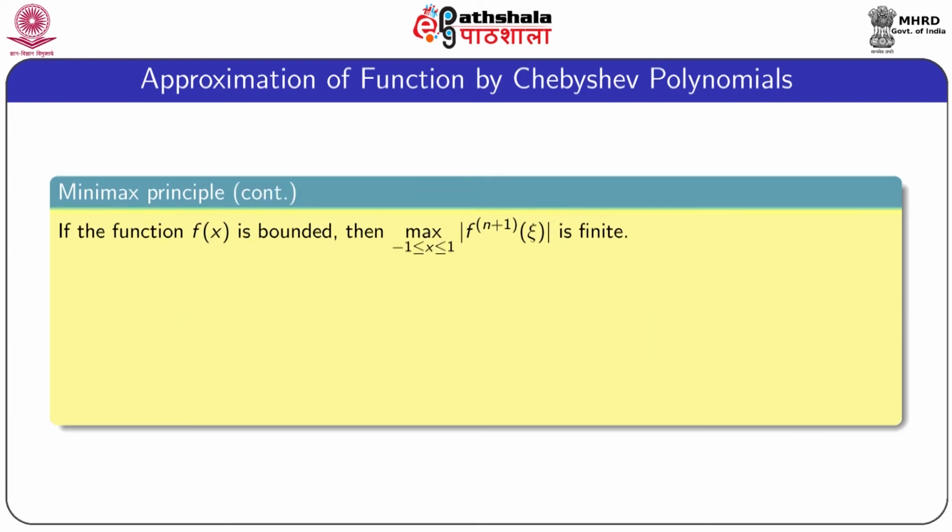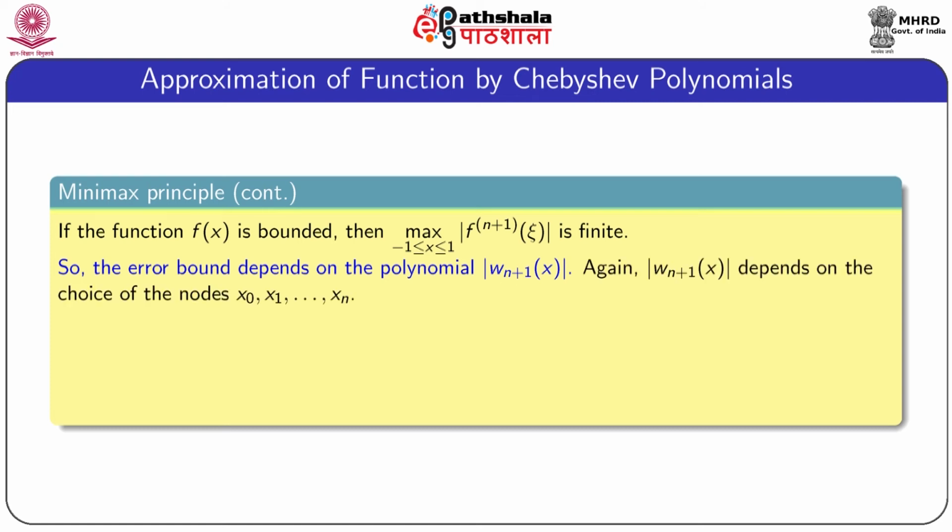If the function f(x) is bounded, that means the given function is bounded, then obviously the maximum value of the (n+1)th derivative of f at any arbitrary point xi is finite. So, the error bound depends only on the polynomial W(n+1)(x).